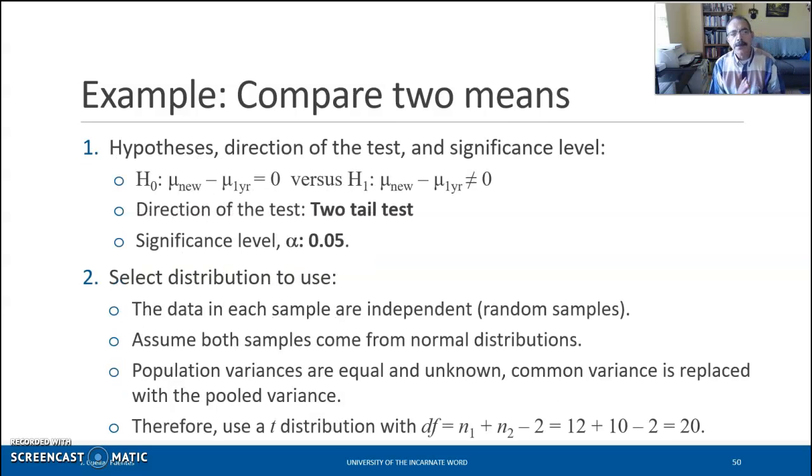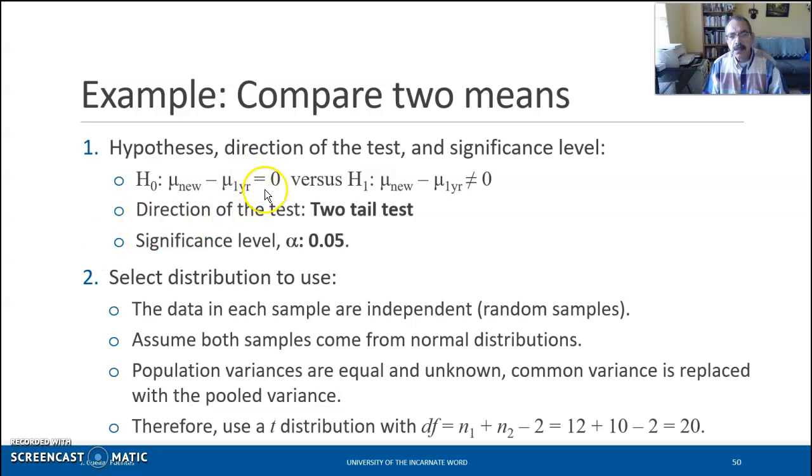The first step, once you have summarized your information, is to write the hypotheses, the direction of the test, and the significance level. Here, we're trying to determine if the potencies are different after 1 year of storage.